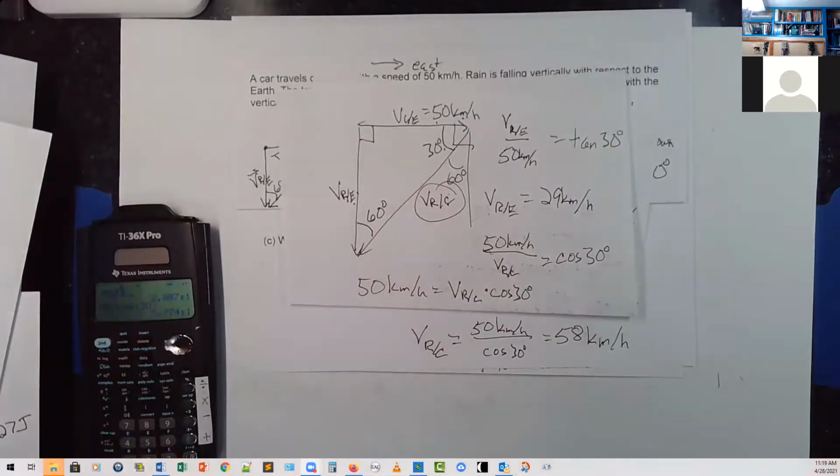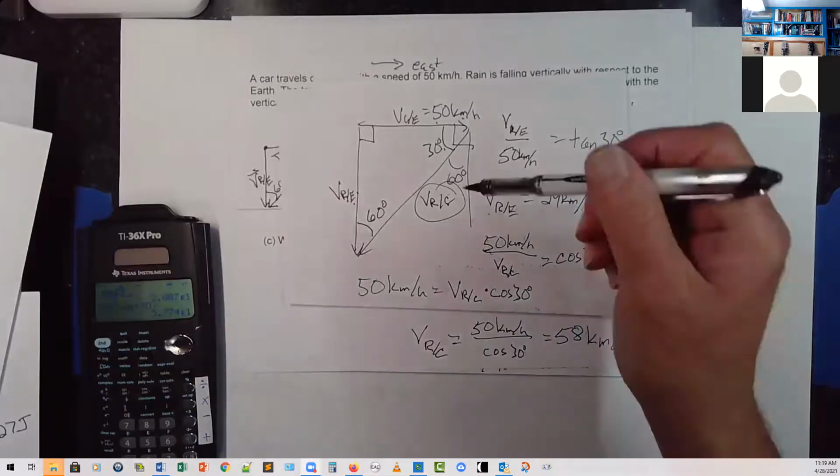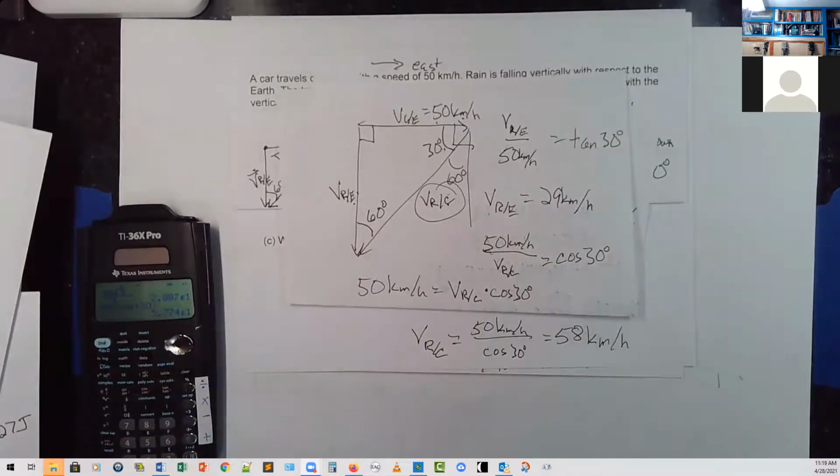So the velocity of the rain with respect to the car is greater than the speed of the car because you've got that vertical component that you add on to it.